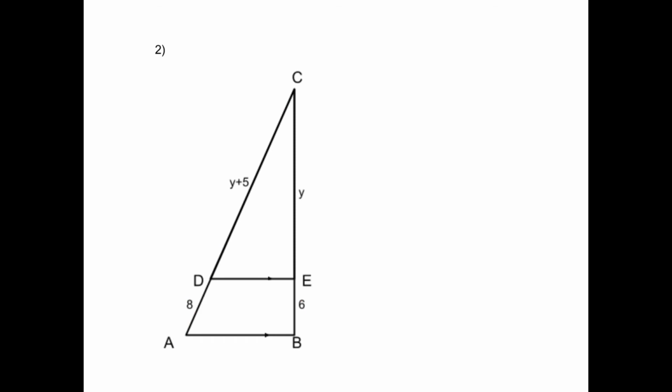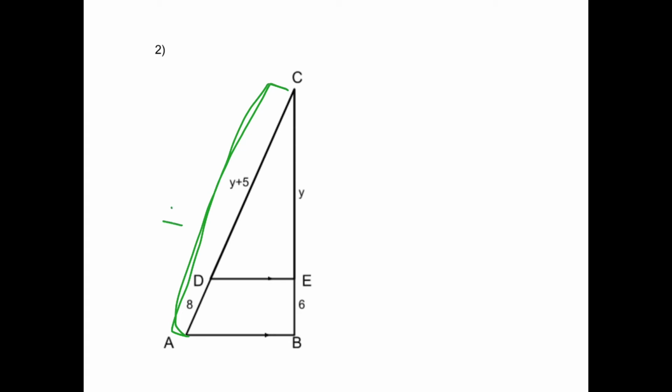In this second problem here, we have 8 is a part, 6 is a part, y plus 5 is a segment or a part, y is also a segment or a part of the big triangle, but y plus 5 is the whole on the small triangle, just like y is the whole on the small triangle on this side. The problem is you don't have any whole information for the big triangle.